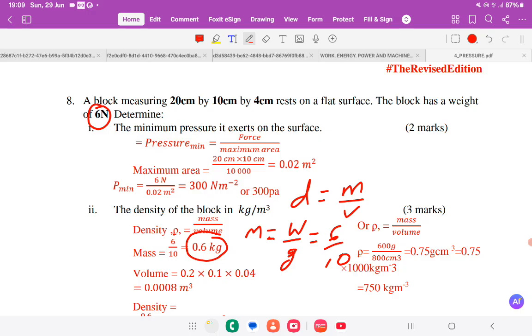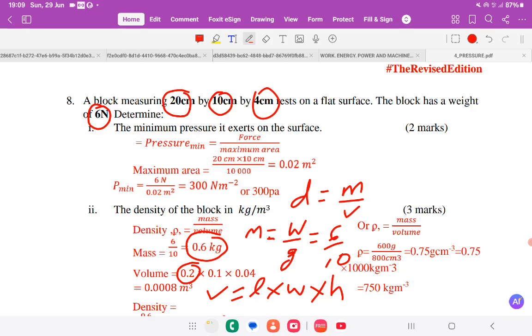So volume, remember, is length times width times height. So our length is 0.2 meters, which you change from 20 centimeters, just divide by 100. Divide each of these by 100 to change to meters.